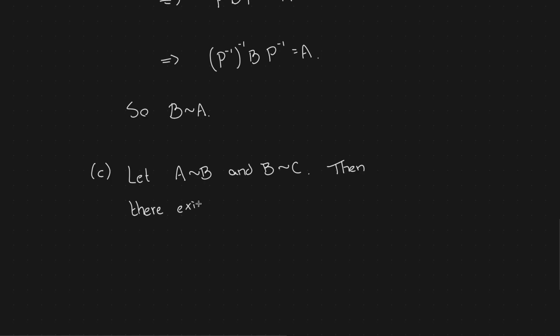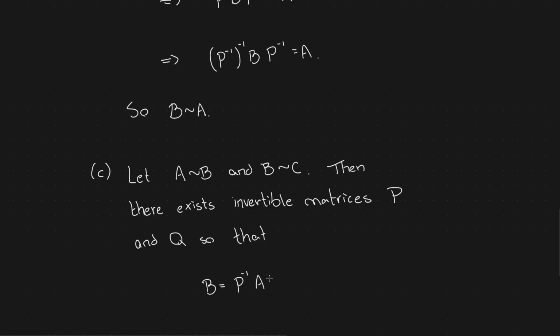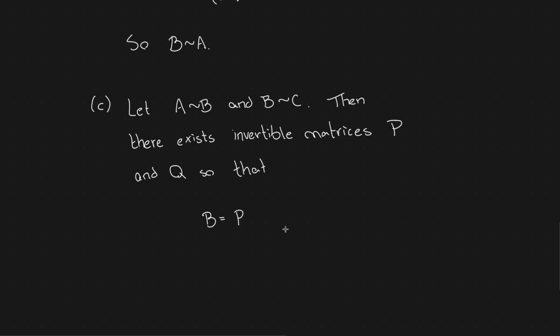Then there exist invertible matrices P and Q. So if A is similar to B, that means B is equal to P inverse AP for some matrix P. And B is similar to C, so that means C is equal to Q inverse BQ for some matrix Q. Okay, just using the definition of similar matrices.